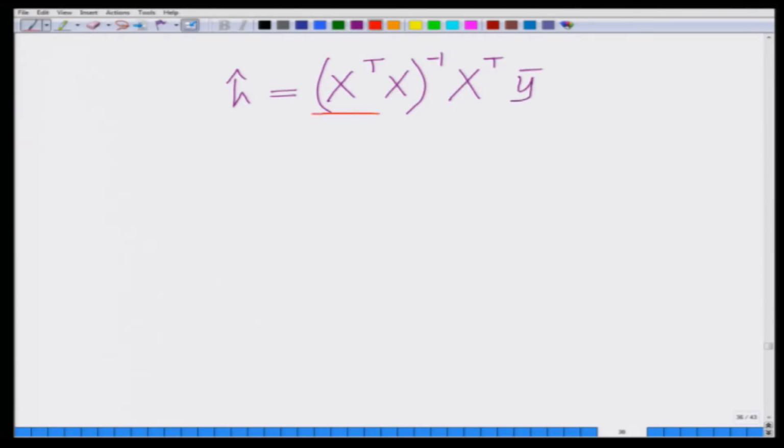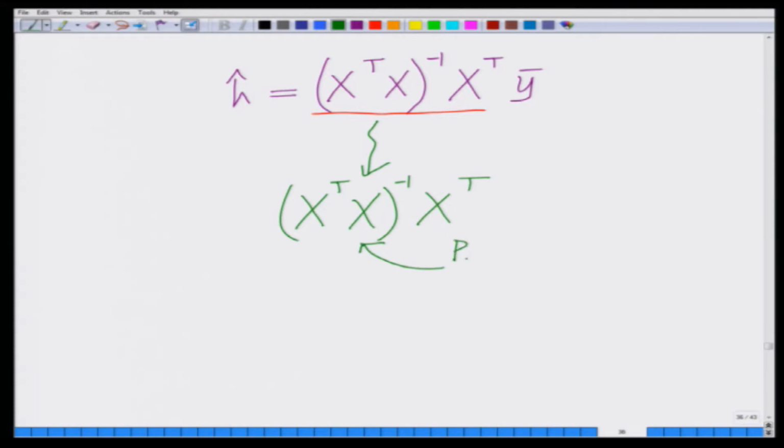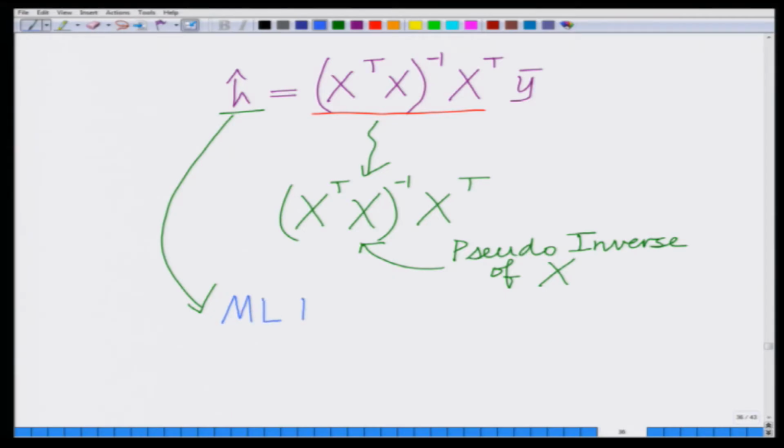And this matrix, (X transpose X) inverse X transpose, we have called the pseudo inverse of X. Remember, this is called the pseudo inverse. And this we have also called the ML estimate of the vector parameter. This is your ML estimate or LS, that is least squares estimate.